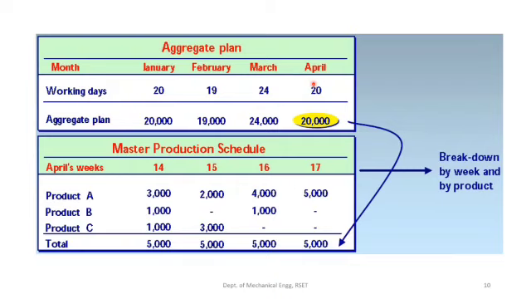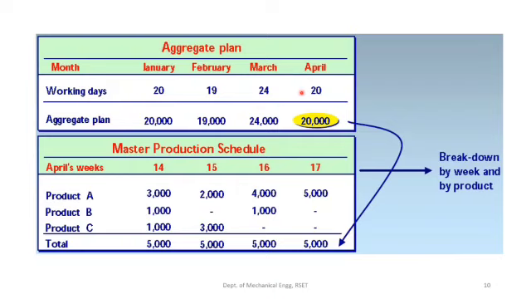So here the quantity to be produced over an intermediate time period of 1 month is specified irrespective of what the product is. The 20,000 that is specified as the number of units to be produced over the month of April is irrespective of the product.